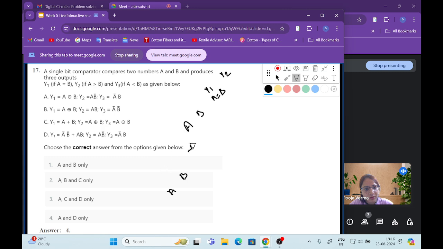First one is y1, that is A is equal to B. Next one is y2, that is A is greater than B. Next one is y3, that is A is less than B.